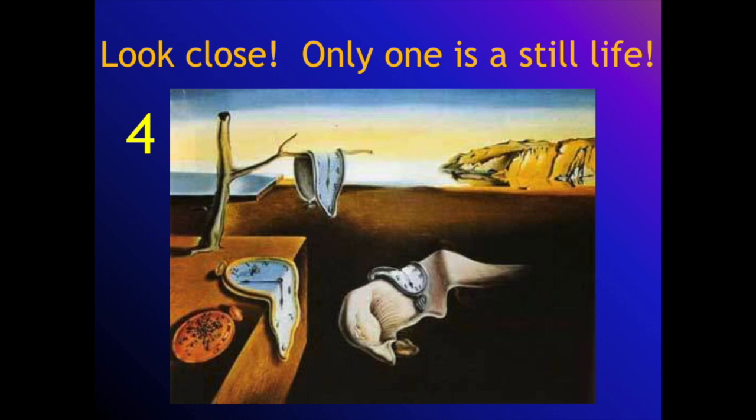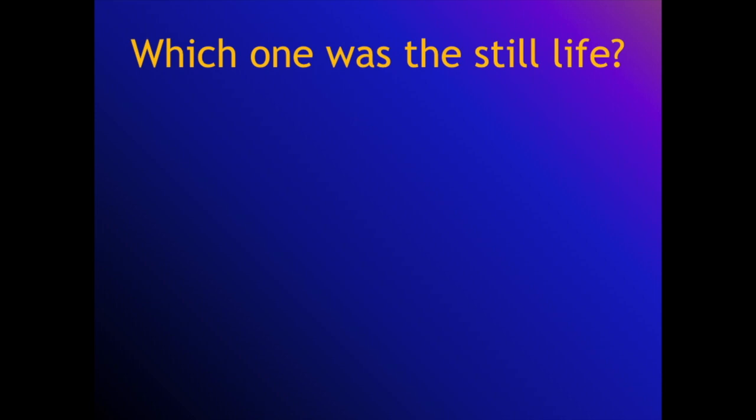Got to think on this one. So this painting by Salvador Dali is the last one we're going to look at. Next, I want you to decide which one of these paintings that you've seen was the still life. Was it 1, 2, 3, or 4? Go ahead, see if you can guess. Here we go.